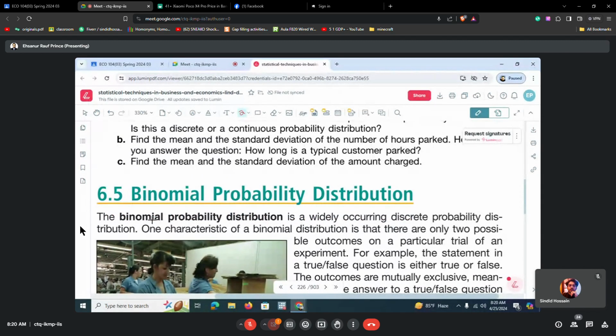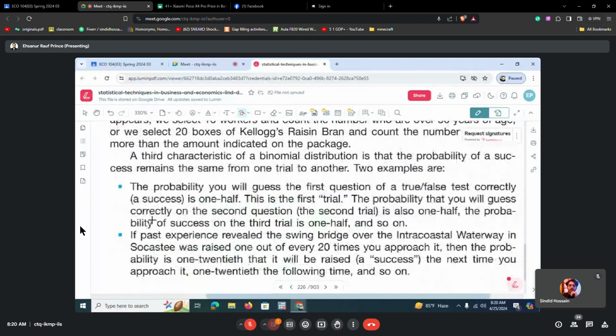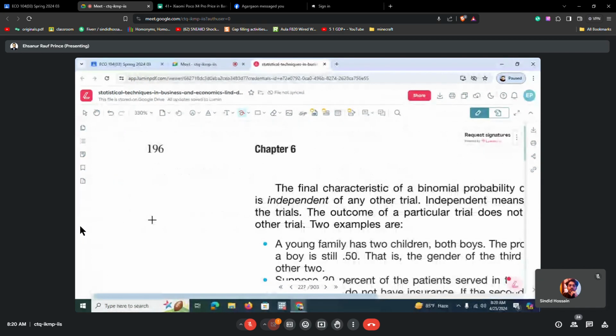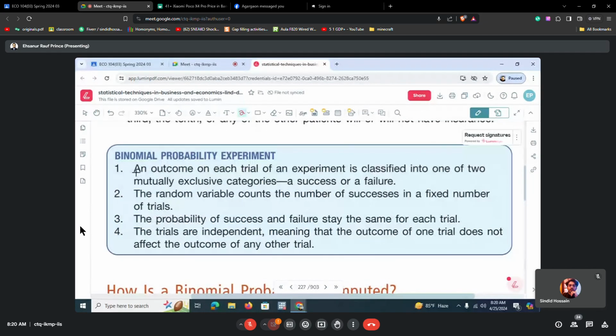Okay, so let's see the properties of binomial probability distribution. Now, you see that there are 4 properties written in this book. But look, the first 2 are extremely important. They're the most important ones because they will help us to distinguish the binomial probability distribution from the other distributions.